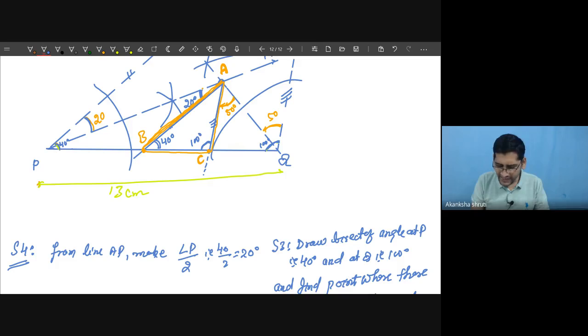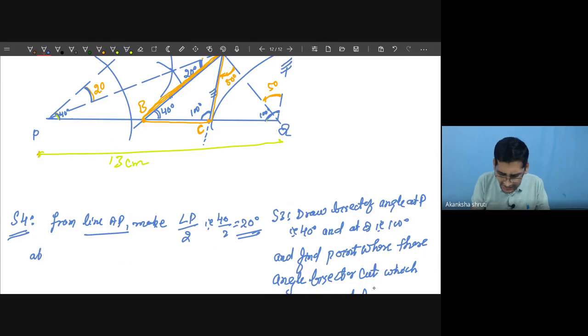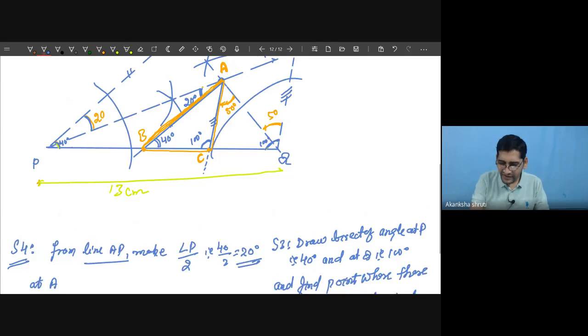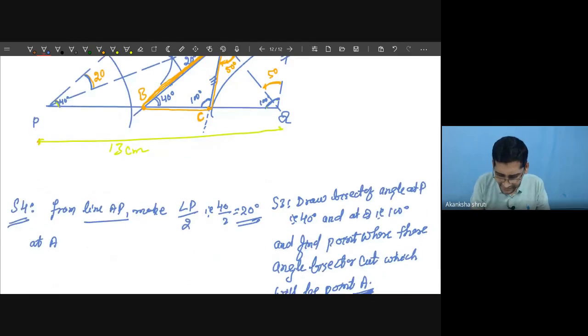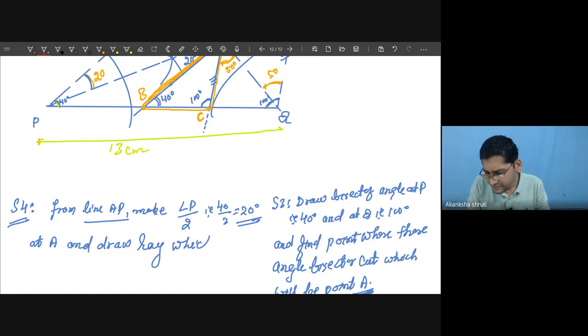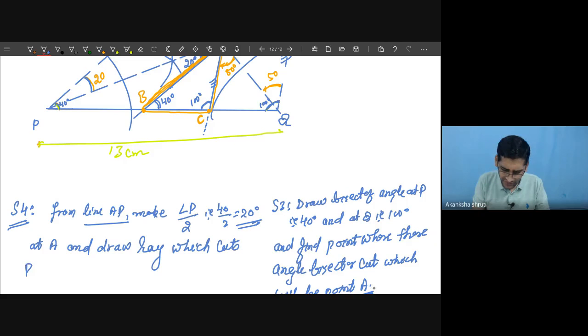So from line AP, you have to make this 20 degree at A, and draw a ray which cuts this PQ at B. So this way the point B is determined.